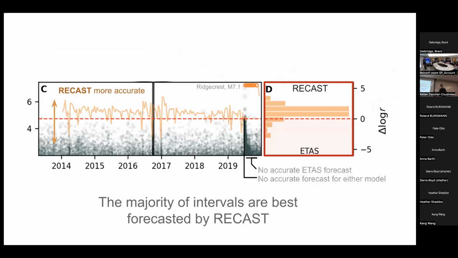So we talked to the folks at USGS, and we asked, what do you care about? What is important when you generate these forecasts? And I don't think that they have ambitions of predicting an earthquake, but something that's quite important to them is to avoid surprises. That's what they call it, the rate of surprises. So they publish 95% confidence intervals.